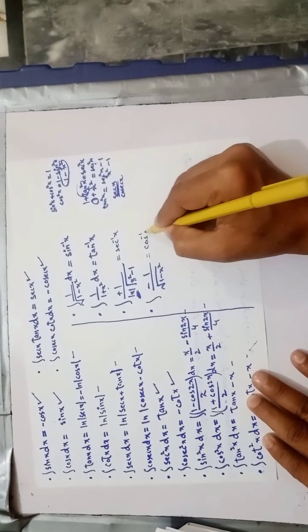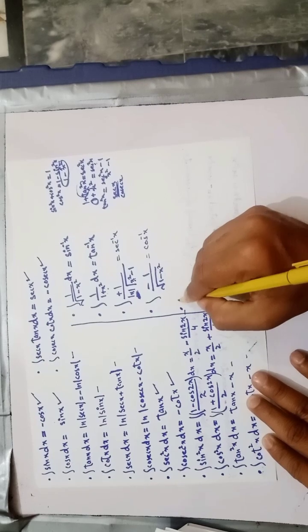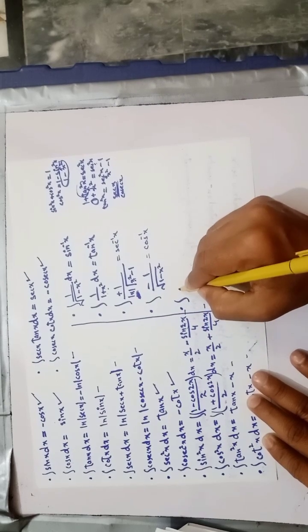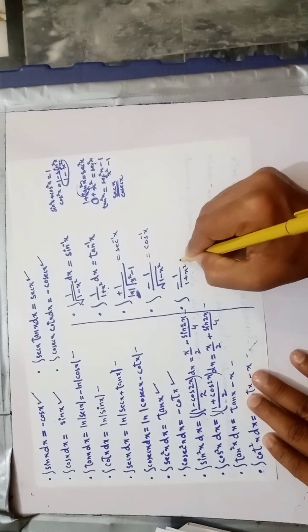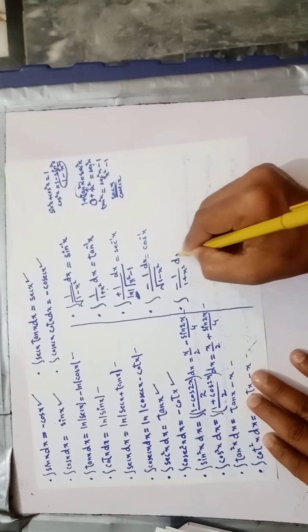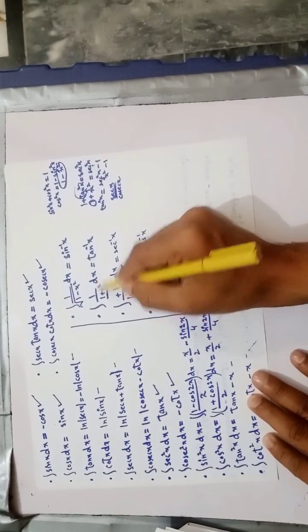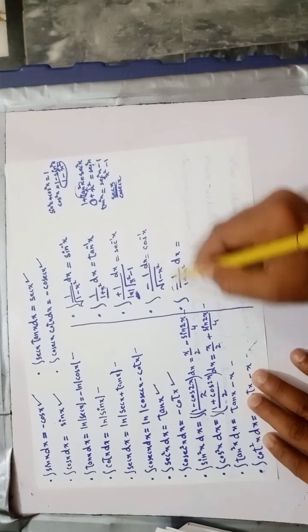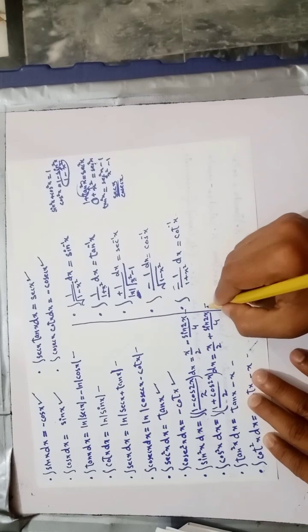So we can verify that it is equal to cos inverse of x. And if there is an integration of minus 1 over 1 plus x square dx, it's totally similar to tan inverse of x, only with a minus sign. So it is cot inverse of x.